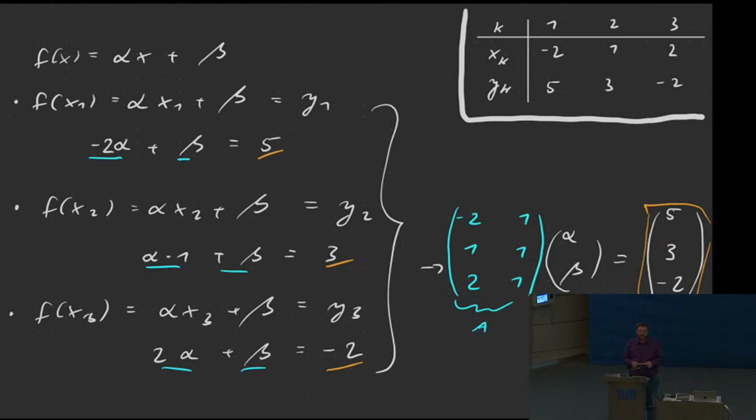I'll give you a few minutes to think about it, do the computations, and then we'll see whether you get the right results. And maybe let me also mention the right results don't look very nice. It's hard to have nice numbers in problems like that.